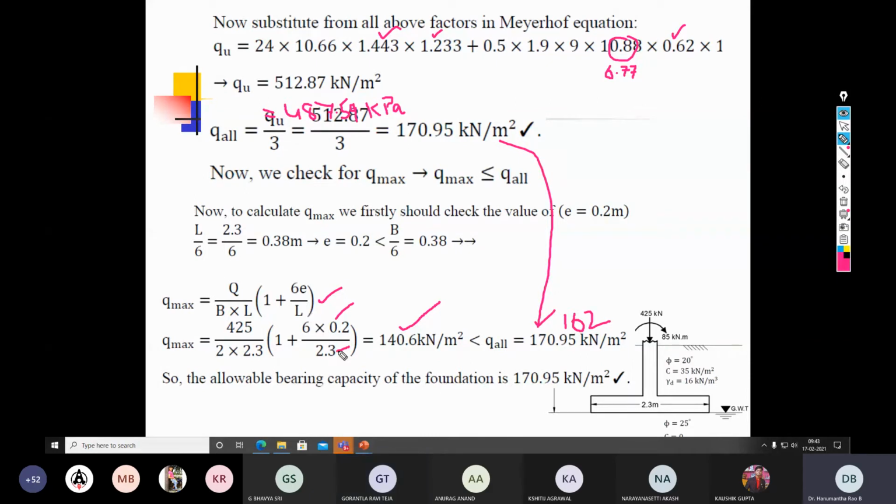If you take 2, then you will get a slightly higher value. You can also verify, no problem. That is 6 into 2 means 12, 1.2 by 2. You may get 145 instead of 140.